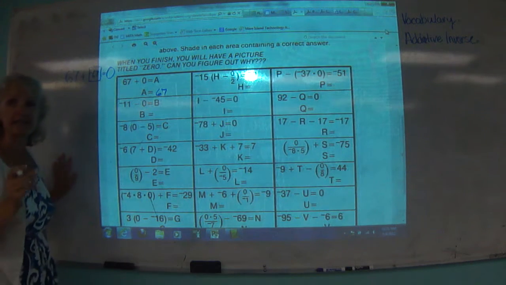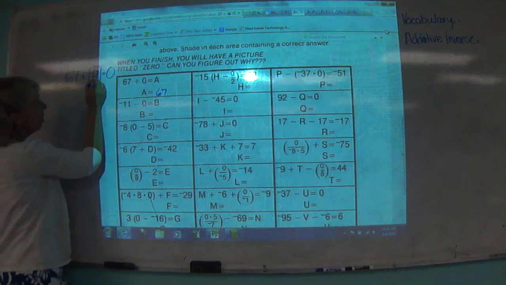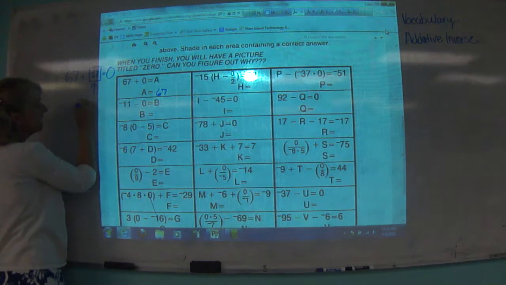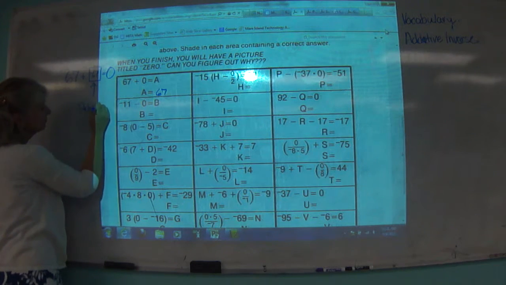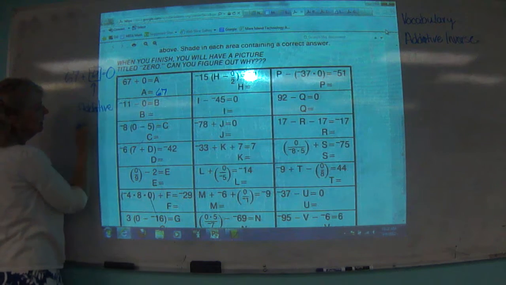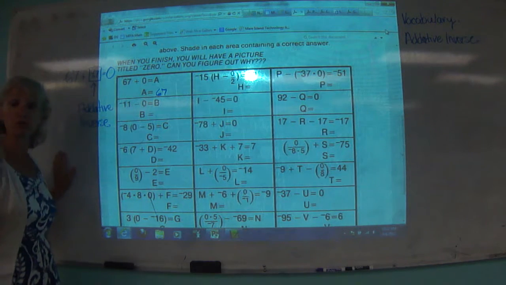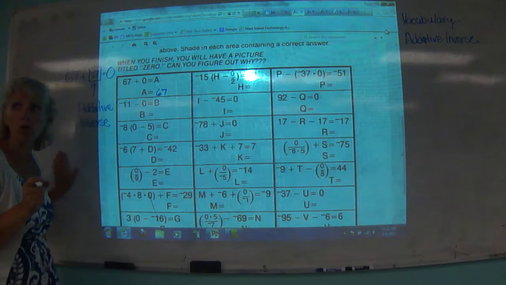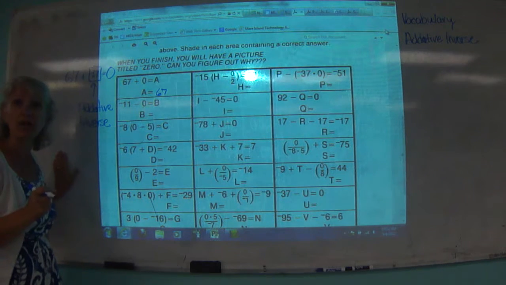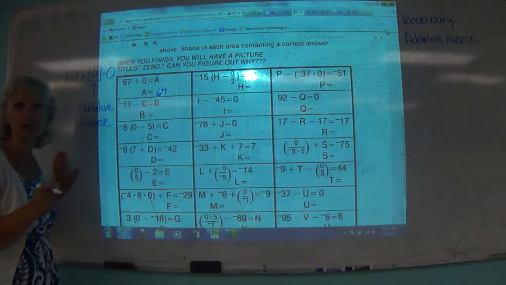That opposite is actually called its additive inverse. Every number, whether it's rational or irrational, has an additive inverse.